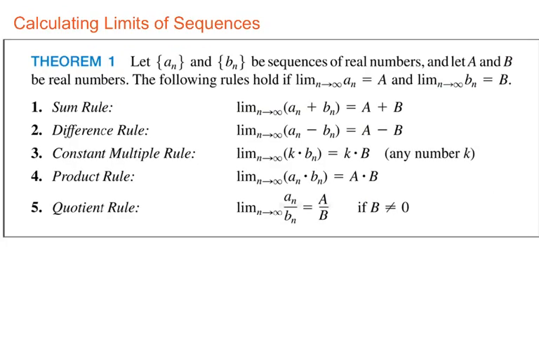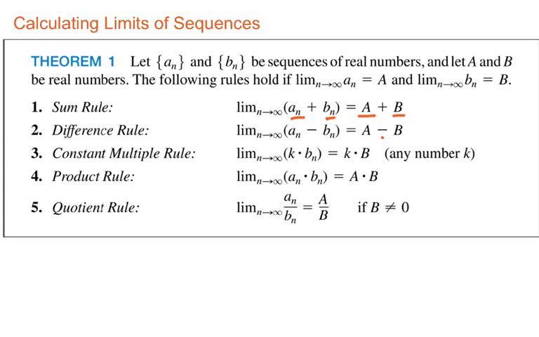So we understand divergence now, and we'll talk about calculating limits of sequences. Since sequences are functions with a domain restricted to positive integers, the limit rules are similar. These three rules should look really similar to our sum, difference, constant multiple, product, and quotient rules for limits. The limit of a sum is the sum of the limits of each sequence.